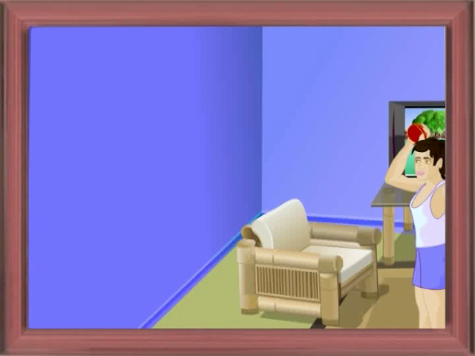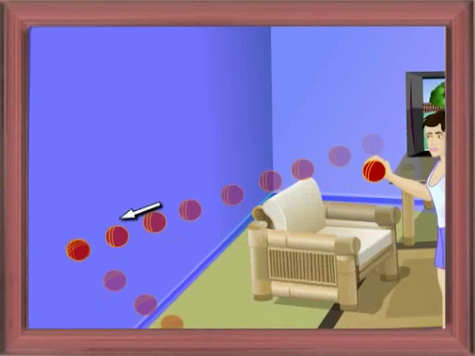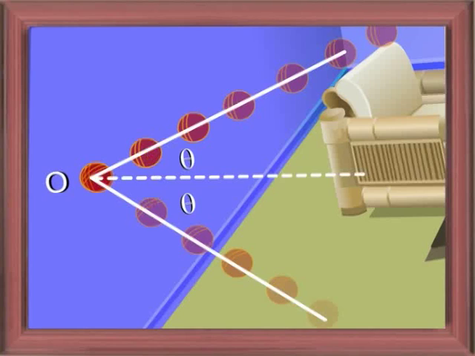Now, throw the ball such that it makes a certain angle with the surface of the wall. The ball bounces and goes away from the surface of the wall, making an angle with respect to the normal drawn at the point of incidence O. So here, what we understood is the corpuscles of light behave like a rubber ball.